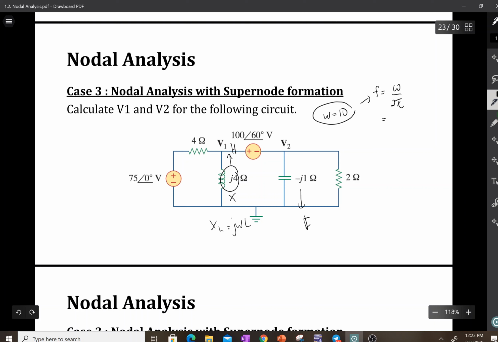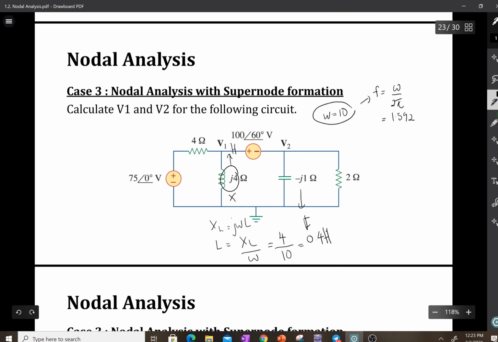So this is 10 divided by 2 pi, 1.592. Okay, so for your assignment, the omega is given, so you can just insert the omega or frequency given. Okay, so to get L, we have to divide XL by omega. So XL is J4, and the omega is 10. So this is 0.4 Henry.